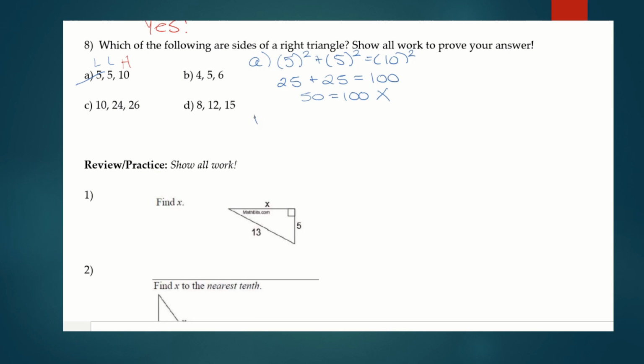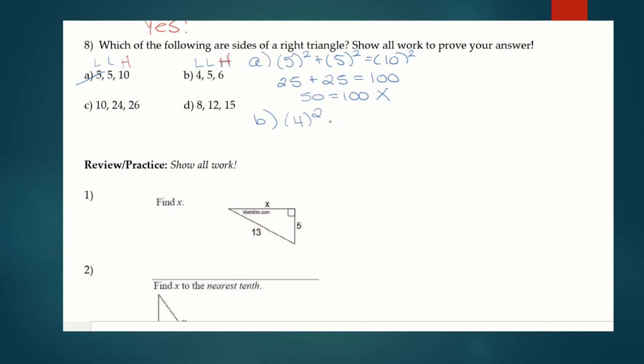How about B? Looking at B, all right, so I have sides that measure 4, 5, and 6. Well, 4 and 5 being the shortest two sides are the legs. 6 would have to be my hypotenuse because it's the longest side.